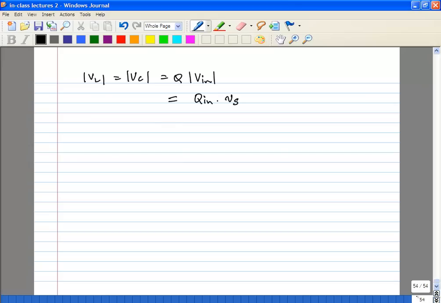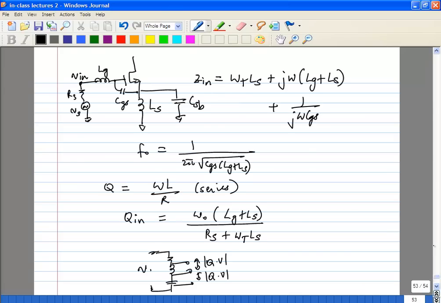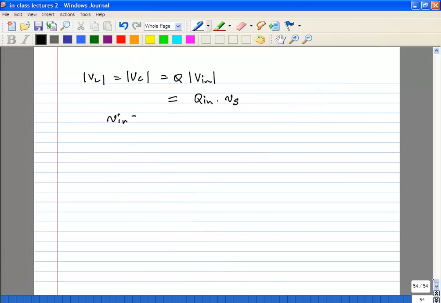Okay. And if you want to write it in terms of V in, which is the voltage here, sometimes because you are interested in the voltage at the input of the amplifier itself rather than Vs. So what is your effective GM?